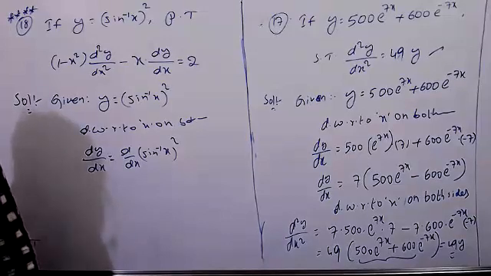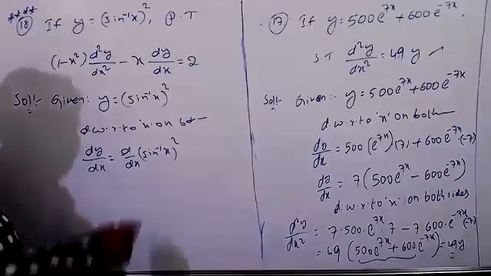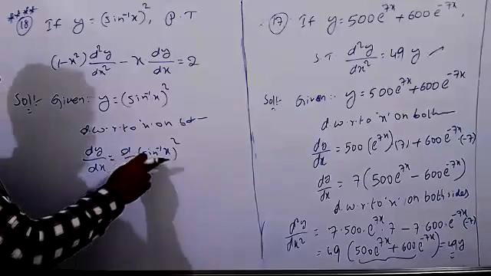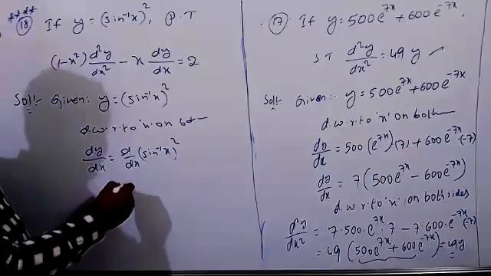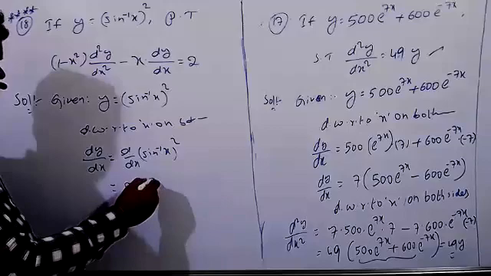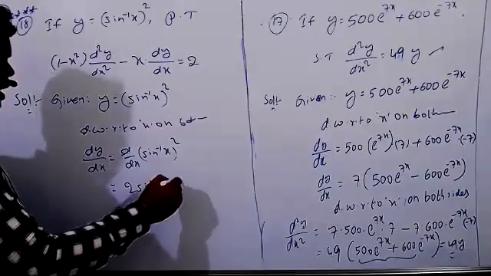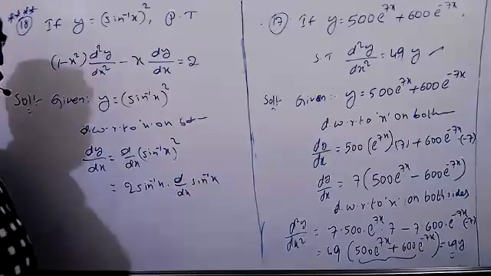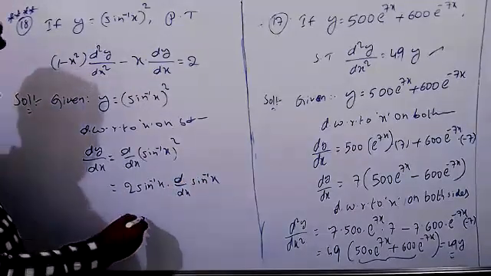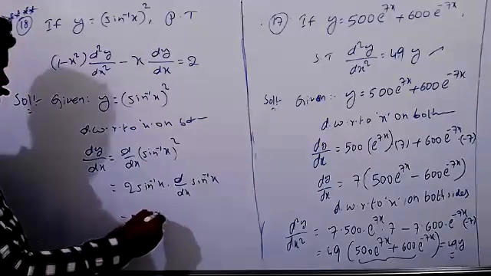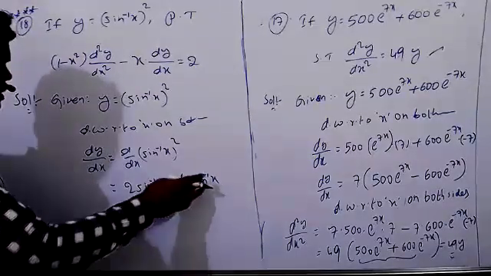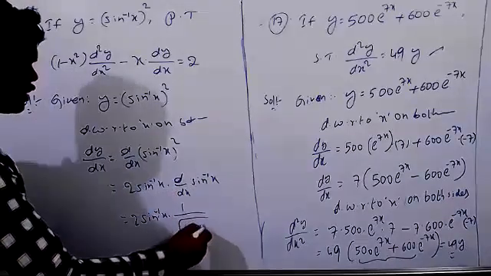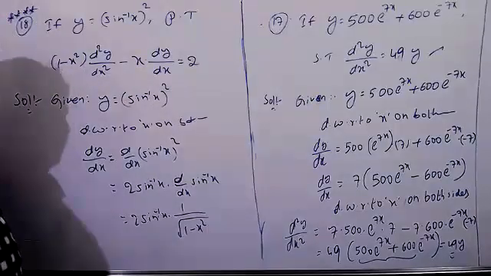Or else you can write it clearly: it is like x power n. So differentiation of x power n gives 2 into sin inverse of x into, again, the differentiation of sin inverse of x, which equals 1 by root of 1 minus x square.